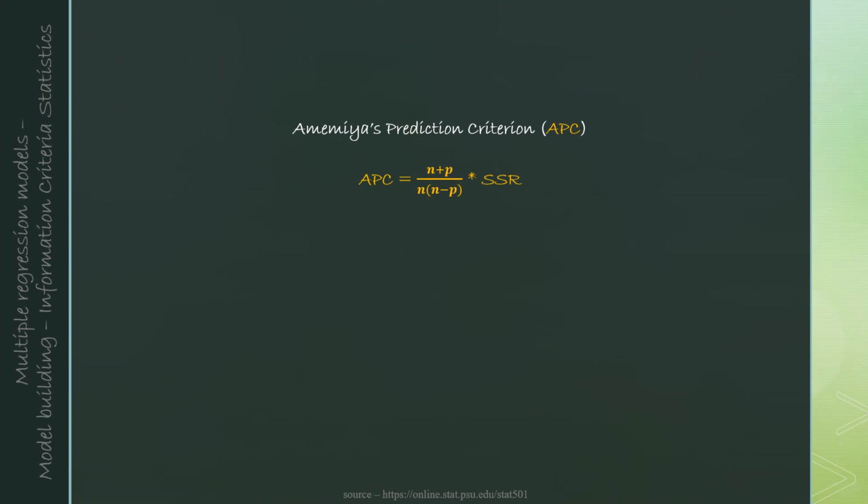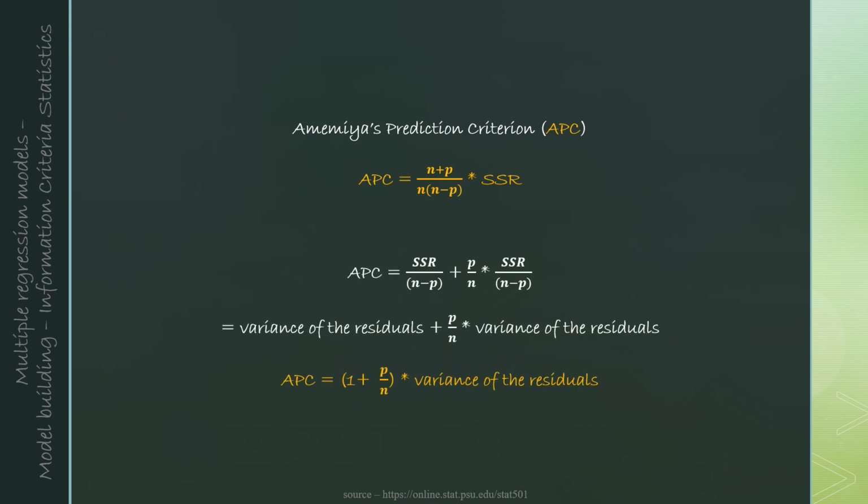The third information criteria statistic, Amemiya's prediction criteria APC, is defined as APC equals n plus P, where P is the number of predictors plus 1, divided by n multiplied by n minus P, multiplied by the residual sum of squares SSR. By rearranging the above equation, we get some more insight into APC.